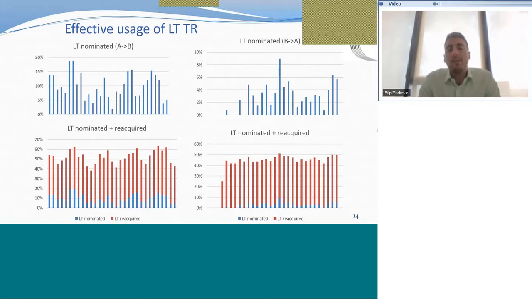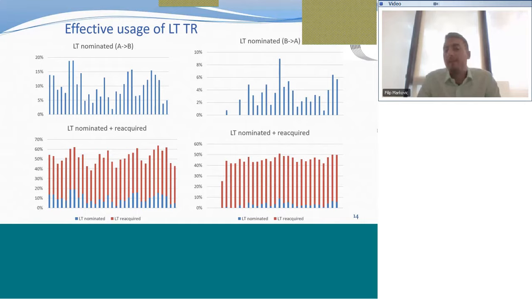SEE CAO does not have insight into daily nominations, so we do not know the exact volumes of these daily rights which are nominated and used at the end. But based on this trend, we can foresee that the effective usage of long-term transmission rights is significantly higher than the long-term nominations themselves.